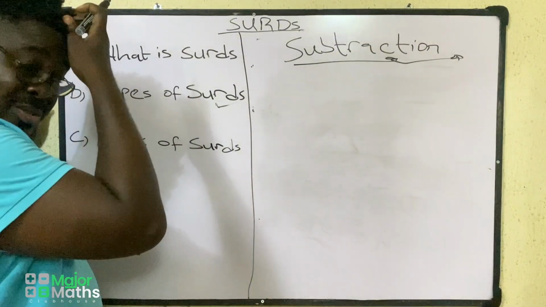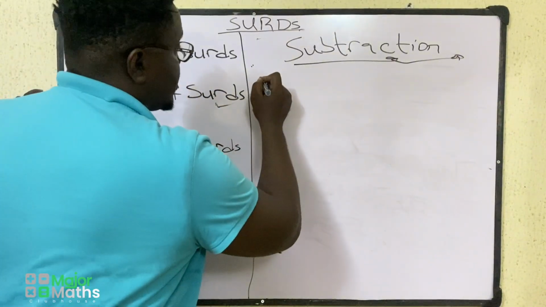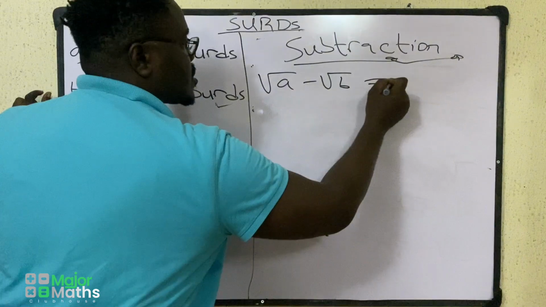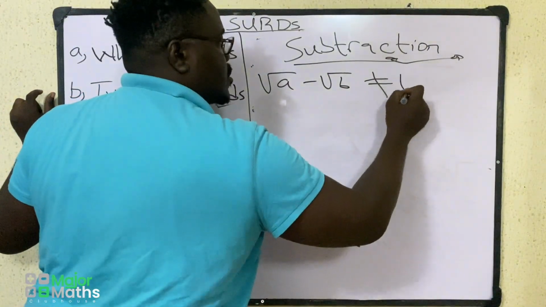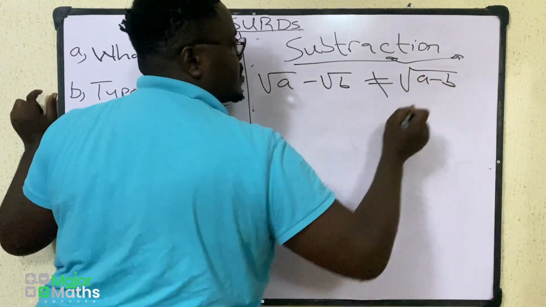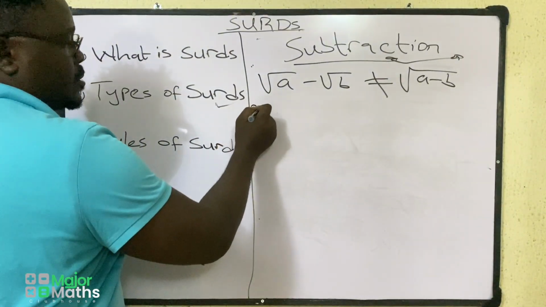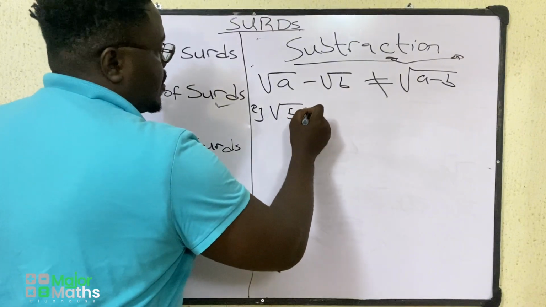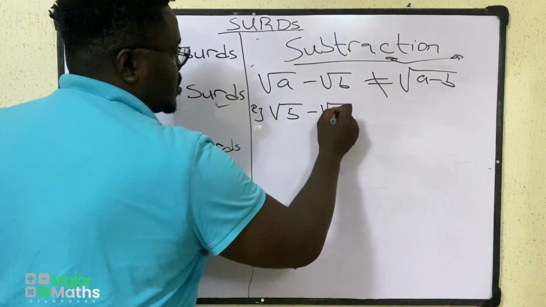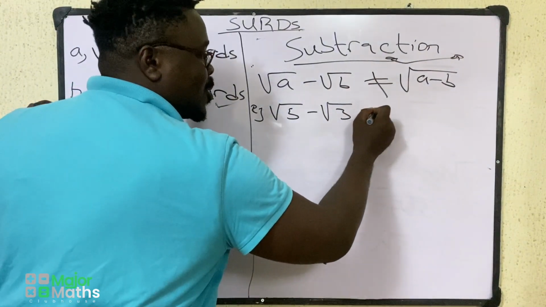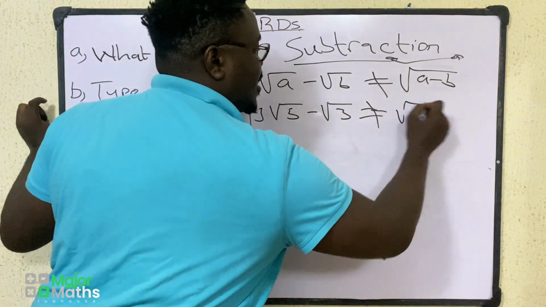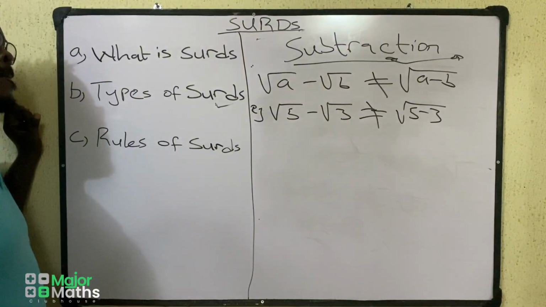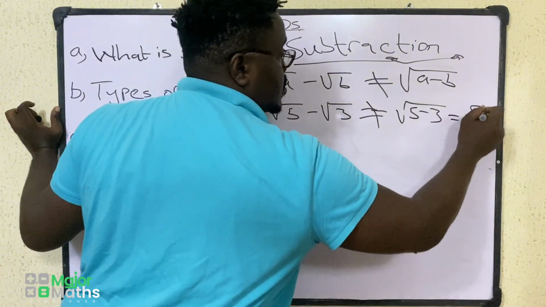Similar to the addition rule, root A minus root B is not equal to root A minus B. For example, root 5 minus root 3 is not equal to root 5 minus 3, which is root 2.